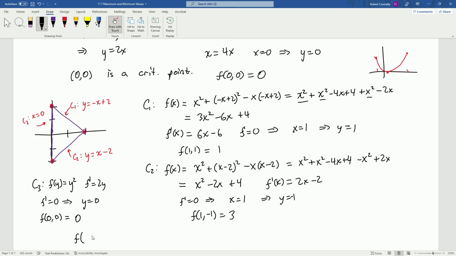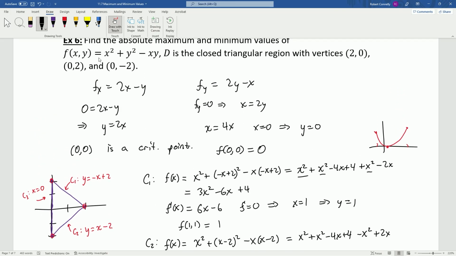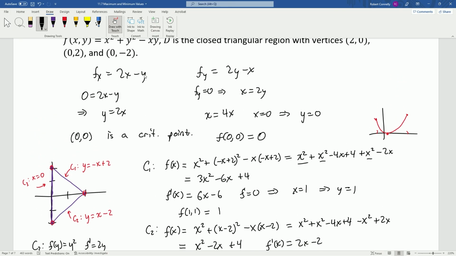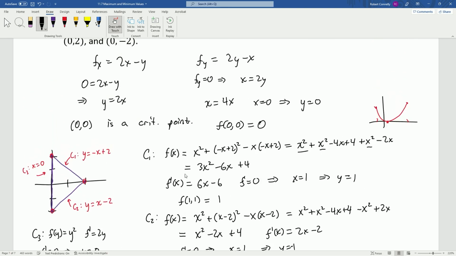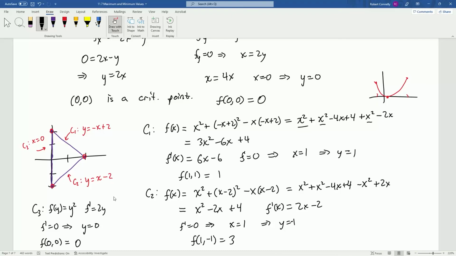So first we'll check f of (0, 2), which gives us 0 plus 4 minus 0, so that's 4. Then we'll check f of (2, 0), which gives us 4 plus 0 minus 0, so that's 4.